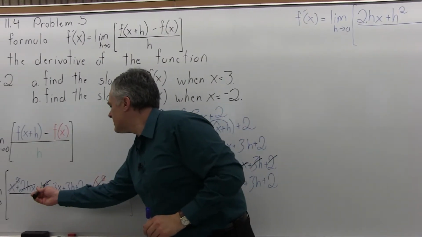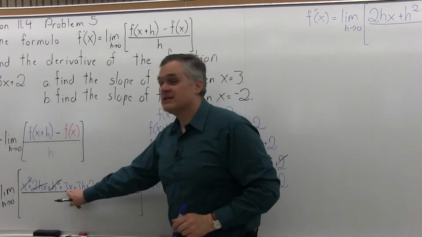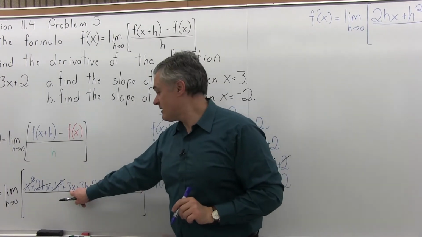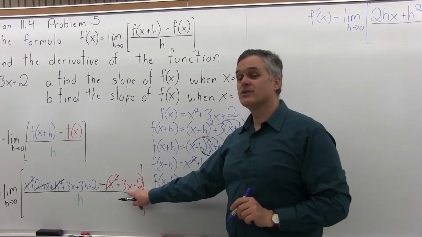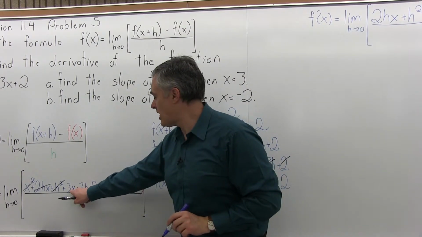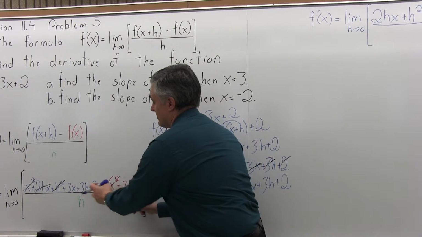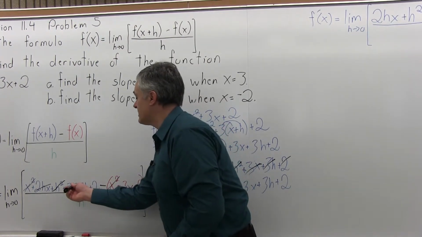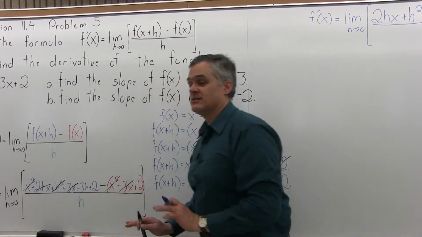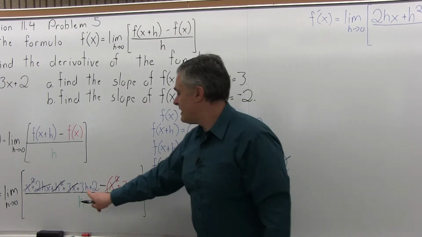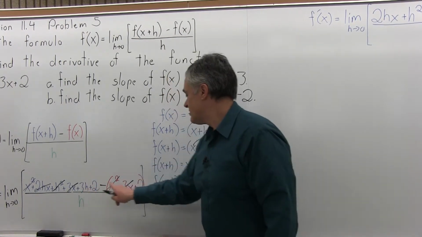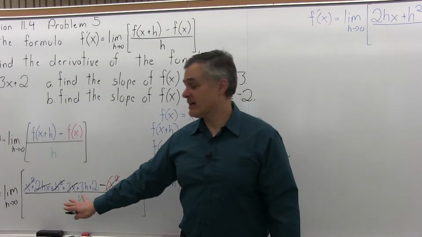So that's done. 3x. There's no h, so I should be able to cancel that. Here's another 3x over here. The first one's positive, and because of the negative in front of the parentheses, this one's actually negative. Positive 3x, negative 3x, they cancel. Gone. The next piece is 3h. It has an h, it can stay. There's no negative 3h to cancel it.